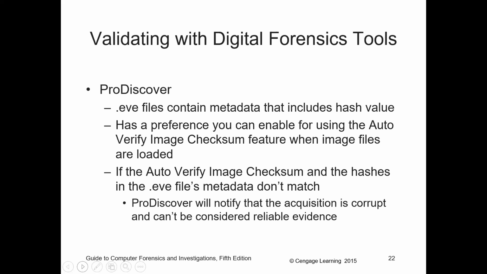Again, other tools like ProDiscover, as we saw, also have .eve files that contain metadata. These include the hash values, with a preference that you can enable to use the auto verification of image checksums.